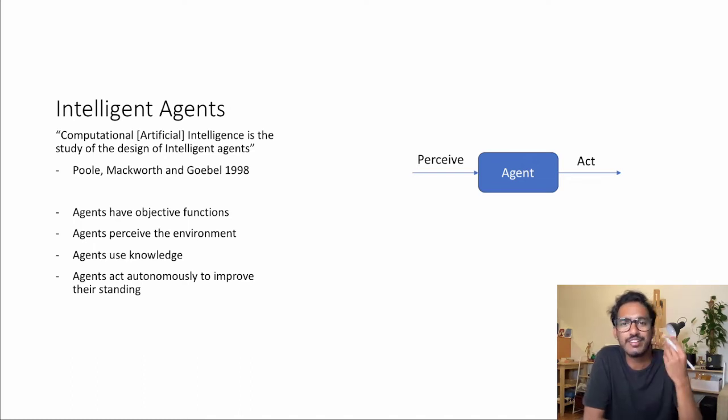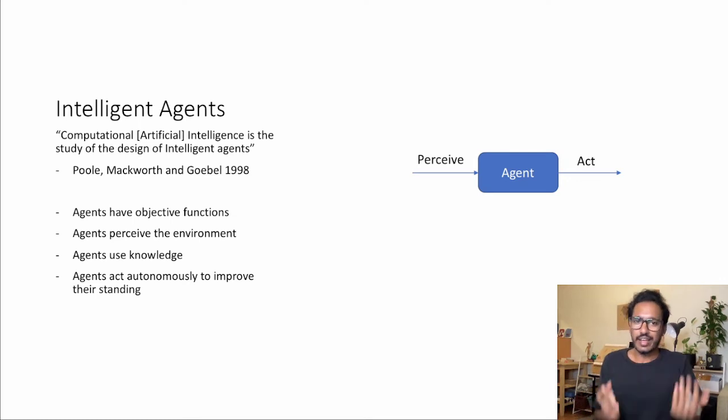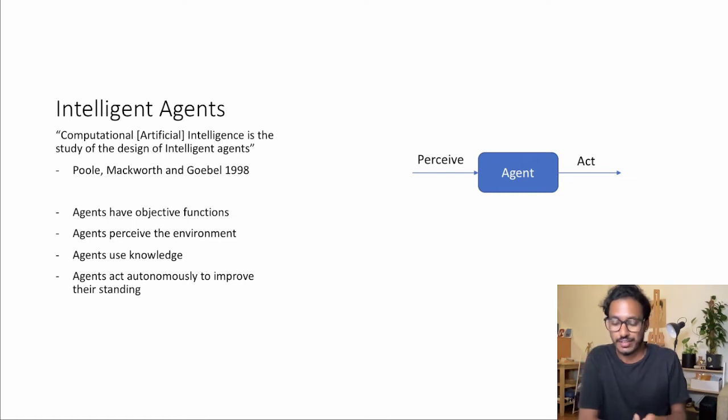We don't really specify what intelligent is. We say that if an agent is able to perceive the environment and act on it, that is an intelligent agent. So the better they act, the more intelligent they are. This is a very open-ended definition which allows us to use it in many situations. So I quite like this definition.